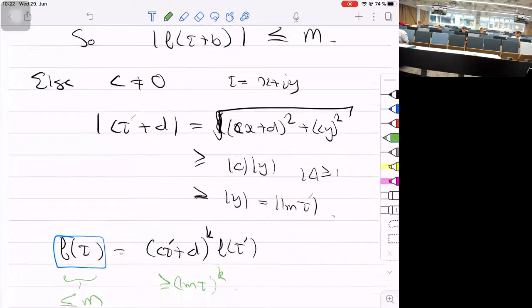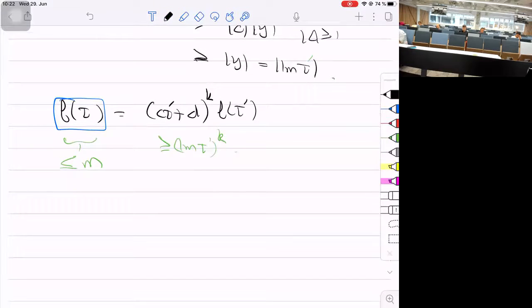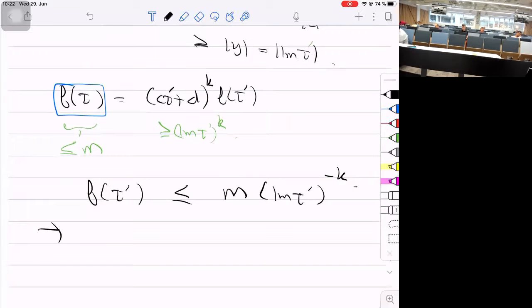This is greater or equal to imaginary part of tau prime to k. Therefore, I get that my value at any point we find outside the fundamental domain is going to be less than or equal to this bound n times the imaginary part of tau prime to the minus k. And so combining the two cases gives you the bound in question.